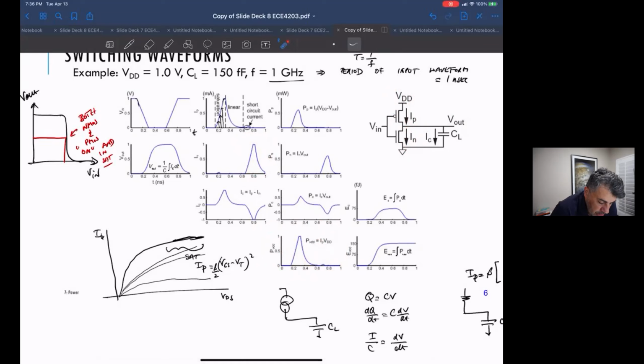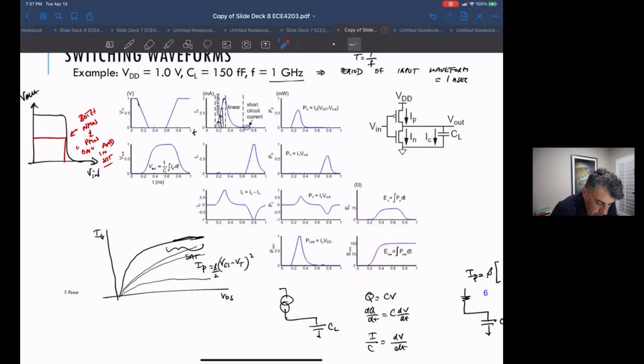And then finally, if we calculate the total energy to charge and discharge the capacitor, you have to look at both of these. And this is the energy coming from the supply.